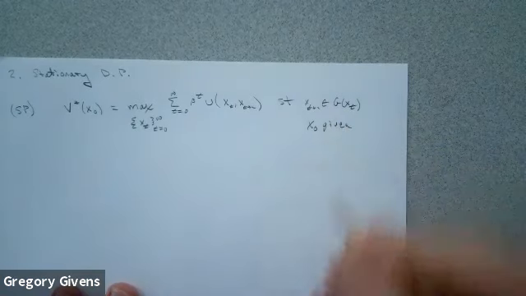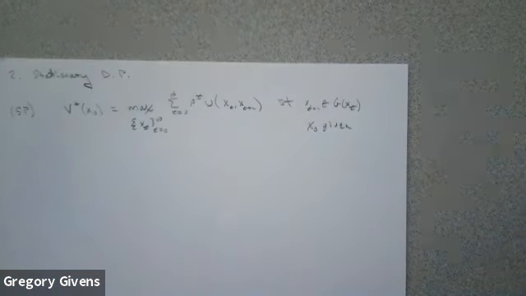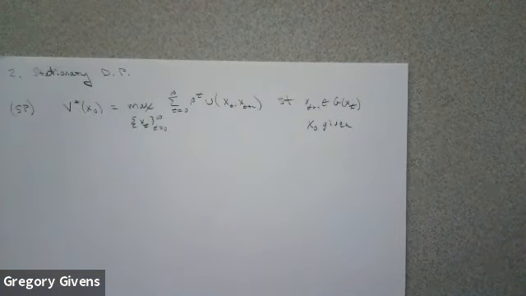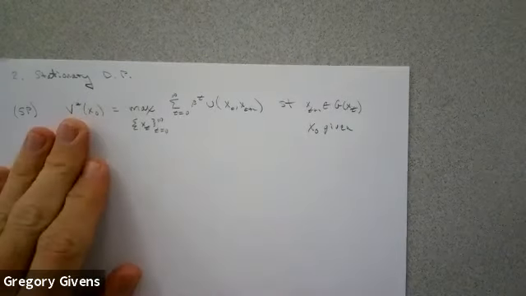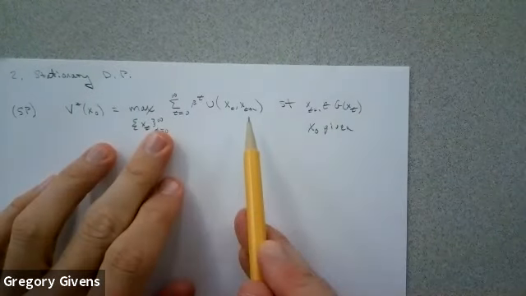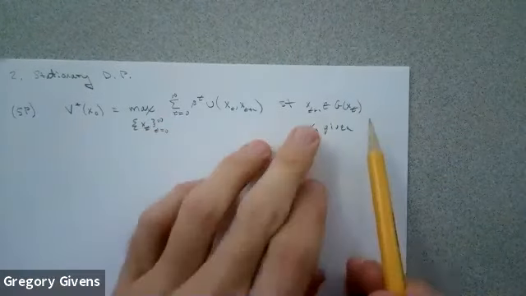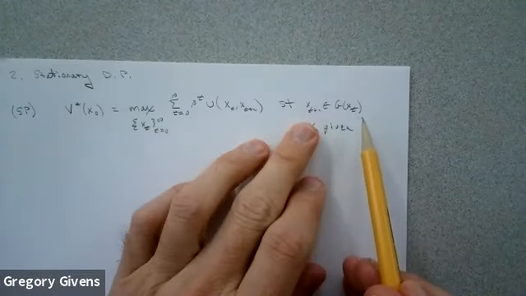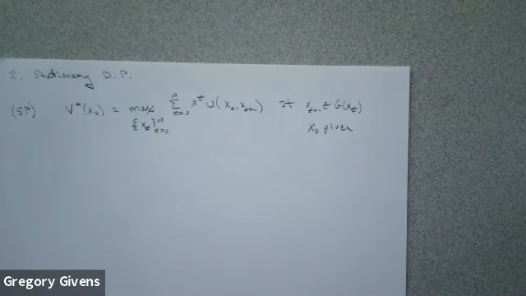You need to get very, very comfortable with writing down these dynamic problems and understanding the different pieces. There's a value function, there's the overall or lifetime objective, and then there's the constraint correspondence. They're all important pieces of the problem.